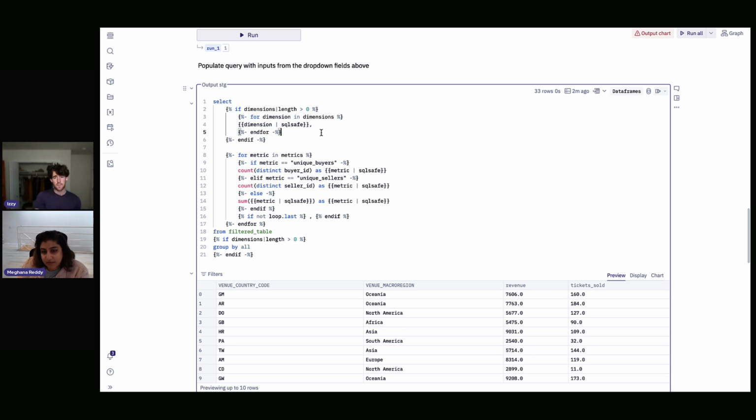So this is literally creating the query text to say select venue country code, comma, venue macro region, comma, and then you get into the metrics part of that select statement, which is saying, if it's something like a unique buyer or seller count, then what you want to do is a count distinct. But for everything else, you can assume that the type of aggregation you want to do is a sum.